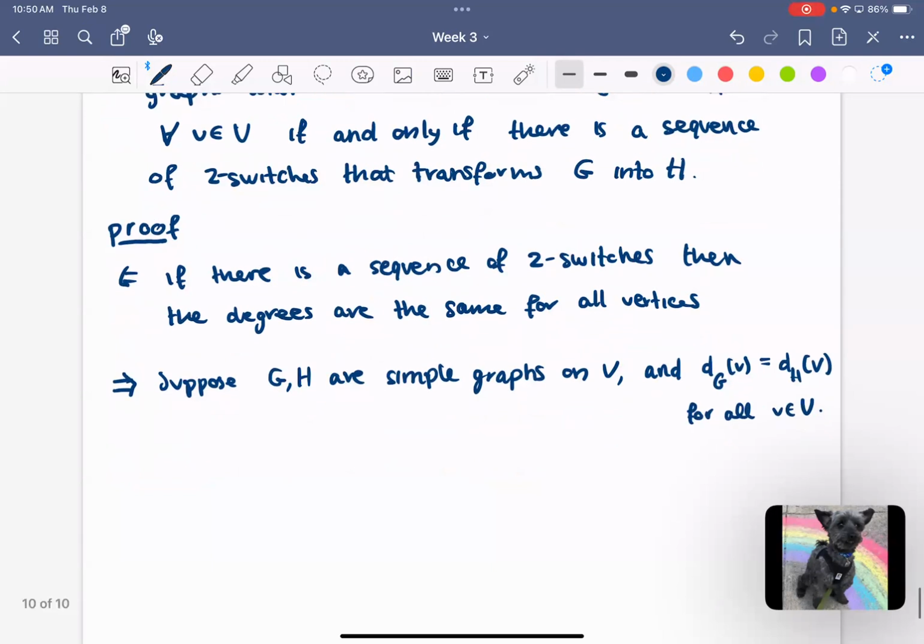So we're gonna do this by induction on the number of vertices.